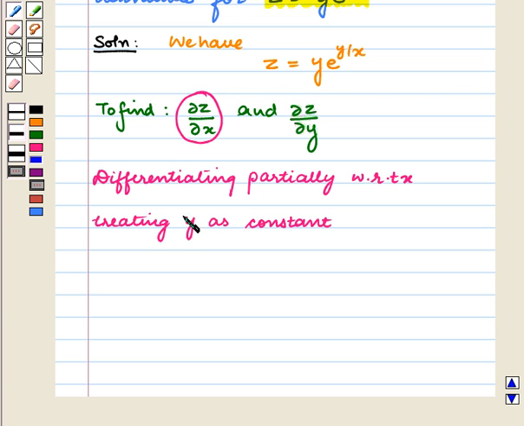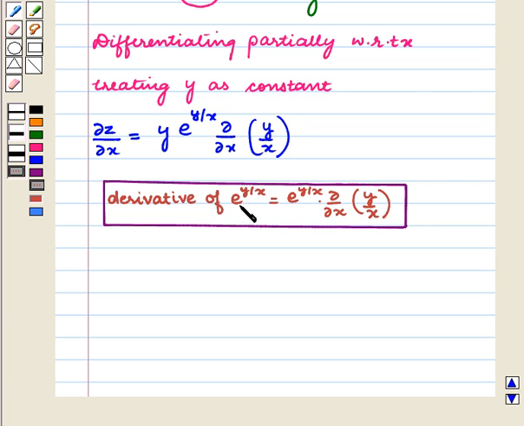So now, on differentiating partially with respect to x and treating y as constant, we get del z by del x is equal to y into e raised to power y by x del by del x of y by x, as the derivative of e raised to power y by x is equal to e raised to power y by x into del by del x of y by x.